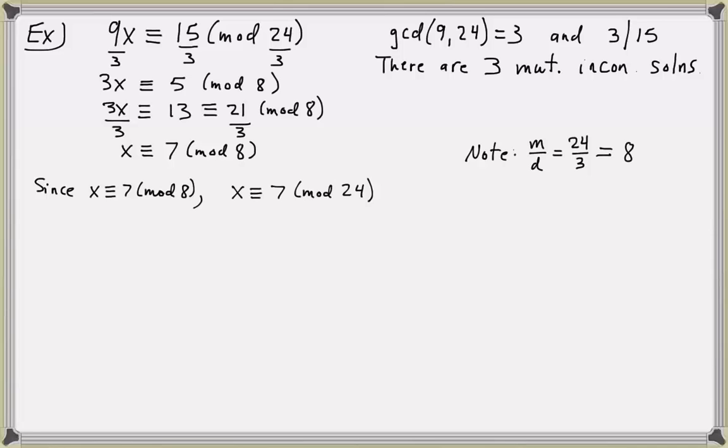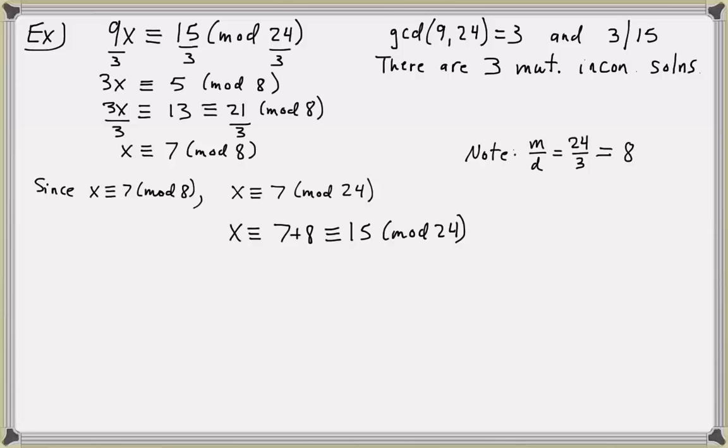So I'm going to add multiples of 8 to our first solution. We see that if x is congruent to 7 mod 24, then x congruent to 7 plus 8, or 15 mod 24, is also a solution.